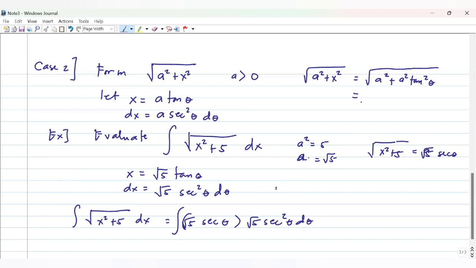Okay, so that will be square root of a squared times 1 plus tangent squared of theta. So finally, this is your a. What is the identity for 1 plus tangent squared of theta? That is secant squared of theta. So finally, that will be a secant of theta. So the square root of a squared plus x squared actually is equal to a secant of theta. That is why our square root of x squared plus 5 in here is square root of 5 secant of theta. Okay, so let's continue on.